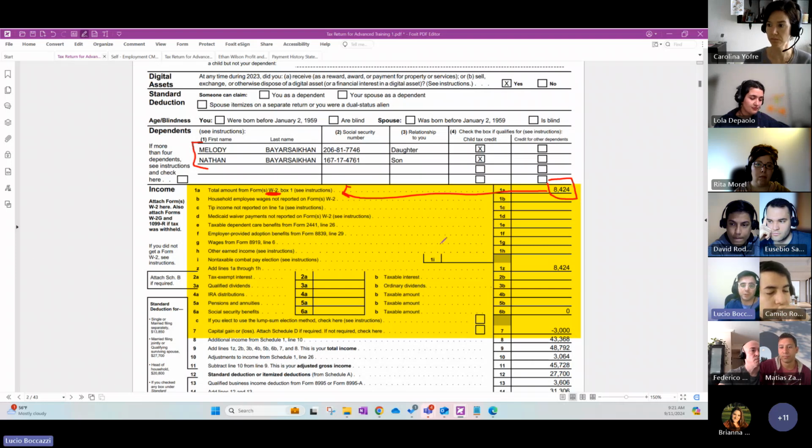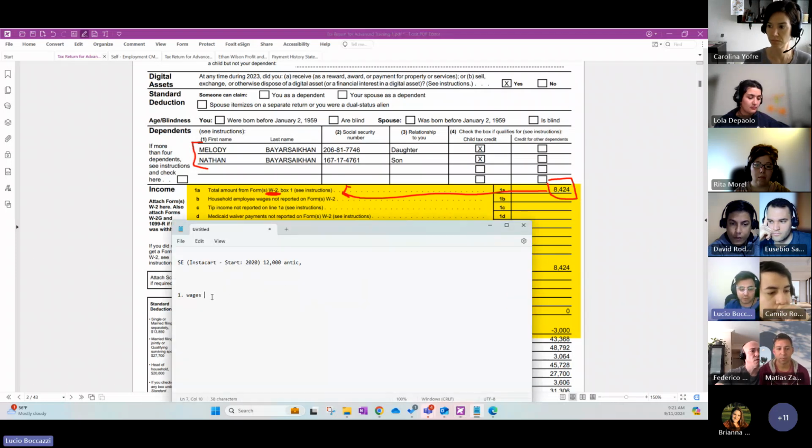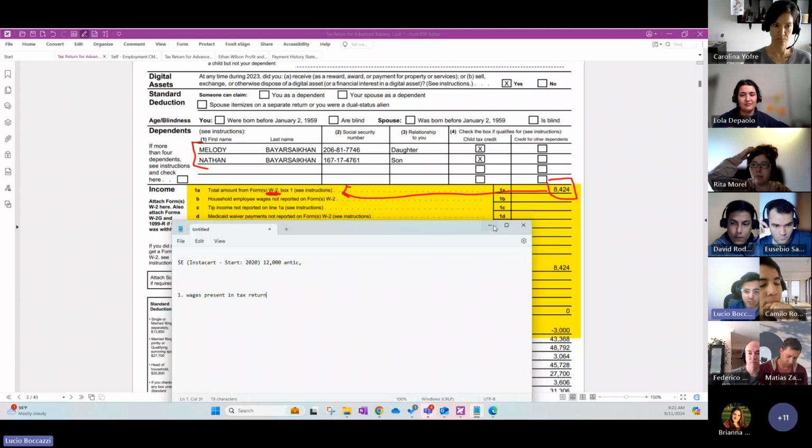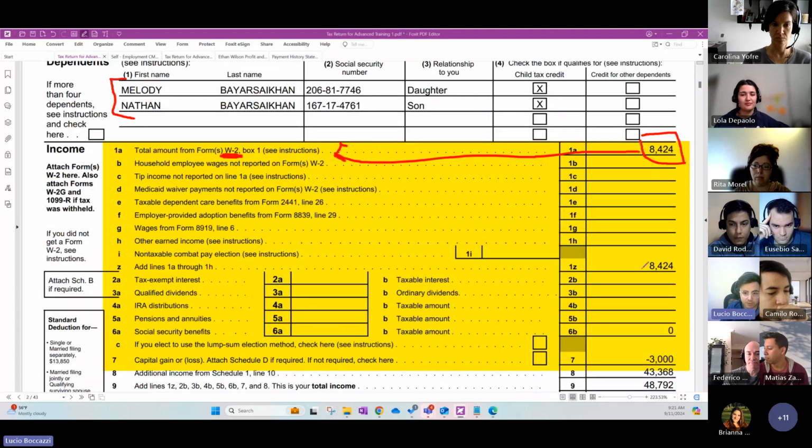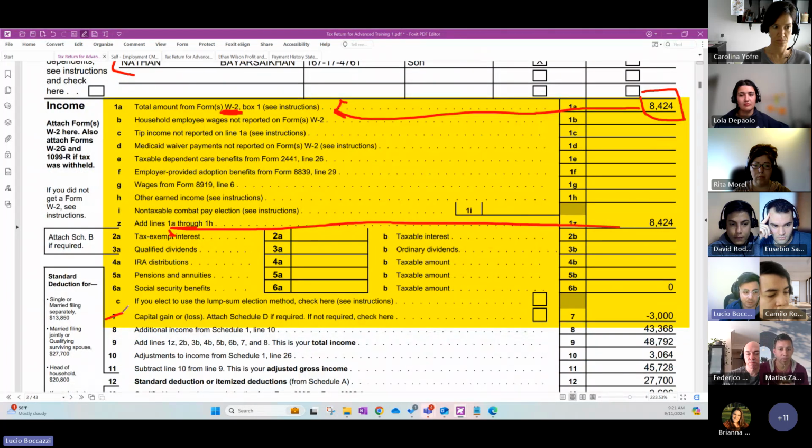No problem. So I wrote down in my notes that there are wages present in the tax return. And then by checking the rest, I see there is one amount here that is actually a total from line 1A to 1H. And then if I scroll down a little bit more, I see that in line 7, I see capital gain or loss, and there is a negative amount.